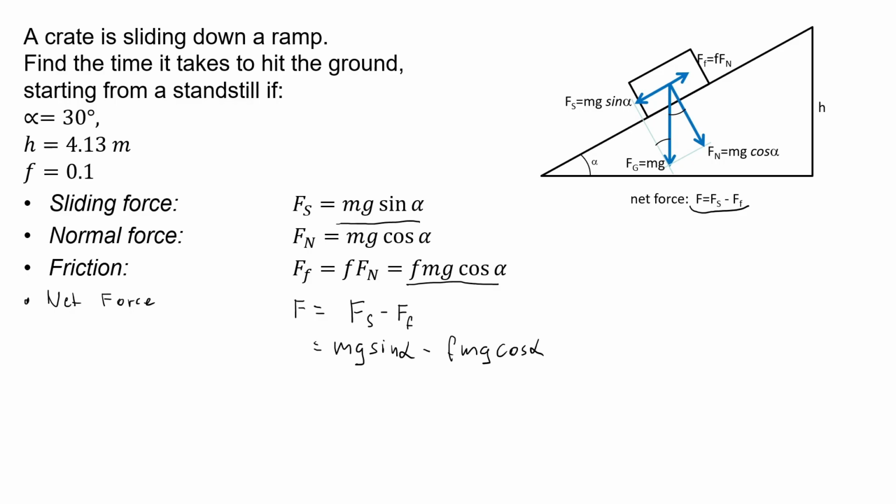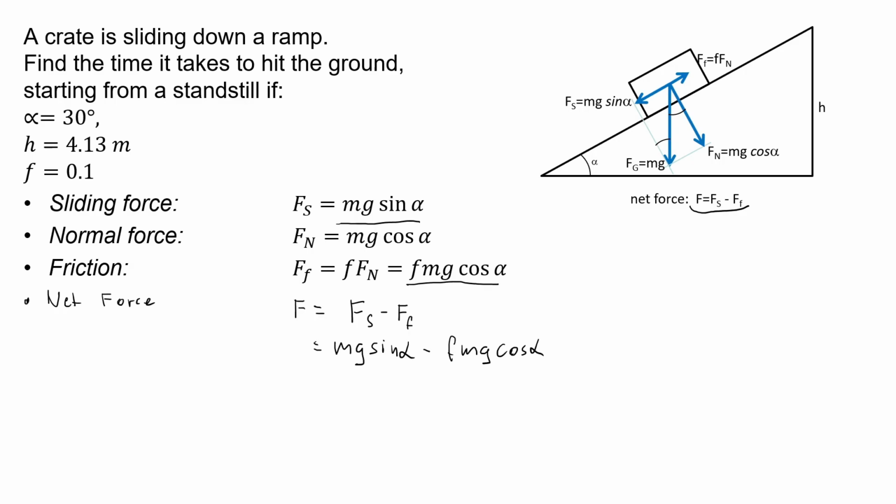Sometimes instead of minus, you will see plus. One of the other exercises in this series shows a situation in which we should actually add friction to the sliding force, but this is not the case here. Here friction is definitely preventing the sliding force, so this is our formula.